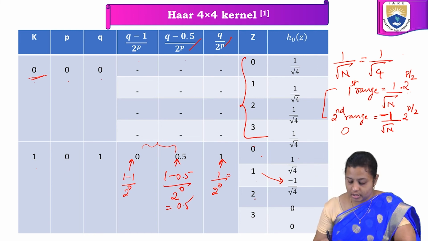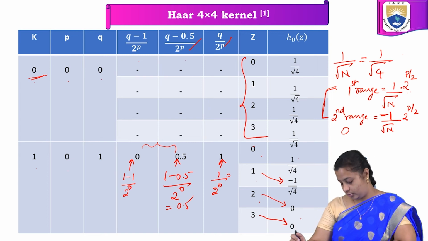Now when Z equal to 2, it is falling in neither of these two ranges, so the coefficient value is given by 0. When Z equal to 3, same thing, it is falling beyond the ranges, so the coefficient is given by 0.